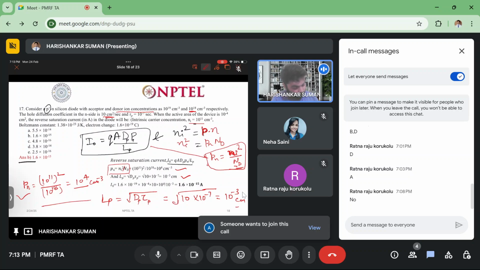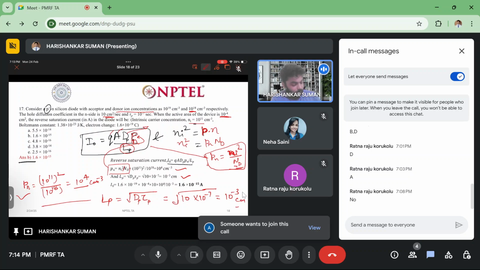We have all these: the charge, the area, which is also 10 to the power minus 4 square centimeter, the diffusion coefficient, the number of holes in the n-type, and the diffusion length of holes. Okay, so please put these values in this equation.